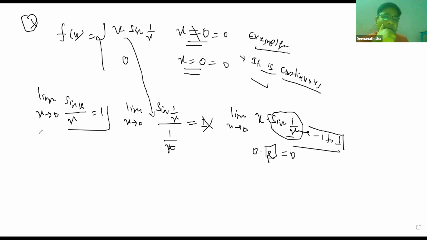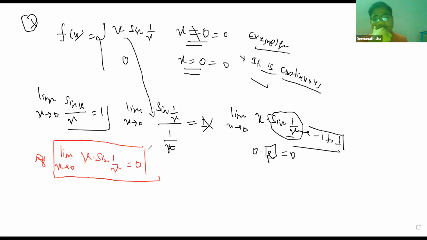Okay. Now you have to note that limit x tends to 0, x sine 1 by x is equal to 0. This you have to write down.